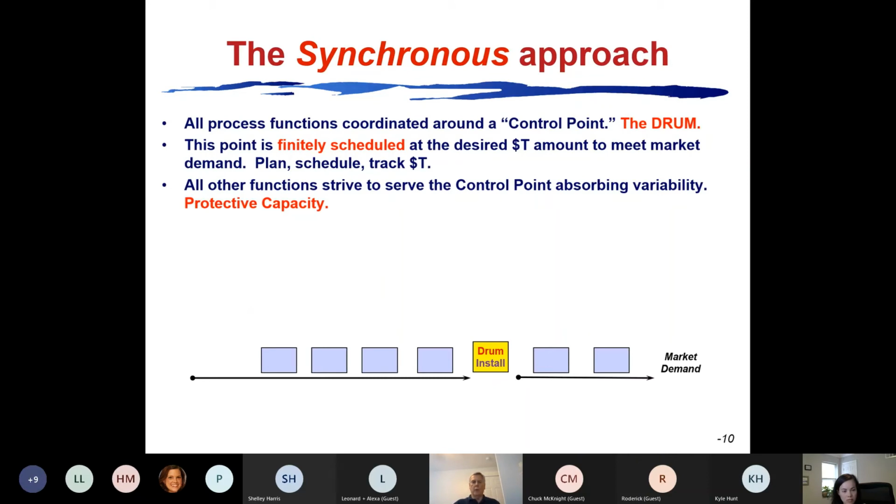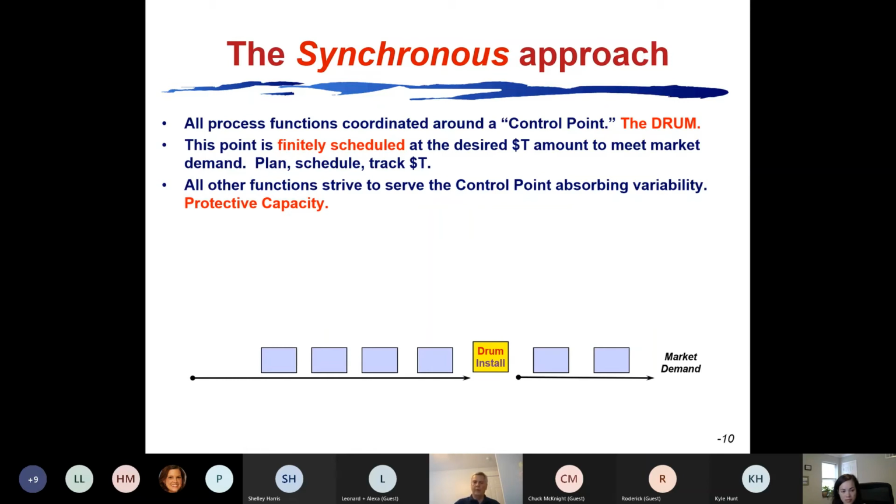So, the synchronous approach is that all functions are coordinated around a control point, which is called a drum. Imagine a drum beats on a cadence, very methodical and predictable. Well, that's what we want the control point to be. And by the way, the control point is install, because that's where your cash register rings. So the whole system is based upon achieving success at install.